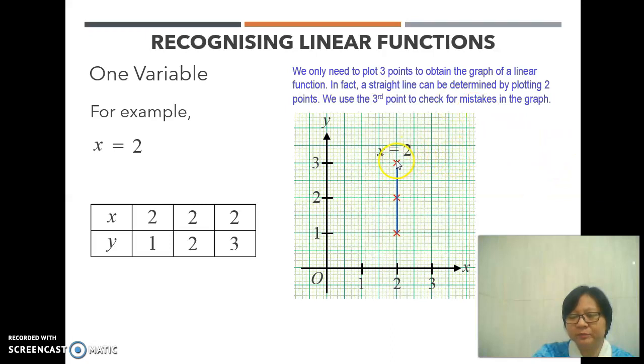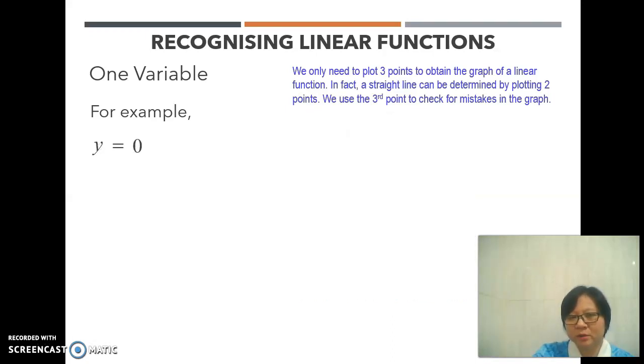The line is a vertical line. So a linear function with one variable, the x variable, will always be a vertical line like the previous one. x equals 0 and x equals 2 are both vertical lines.